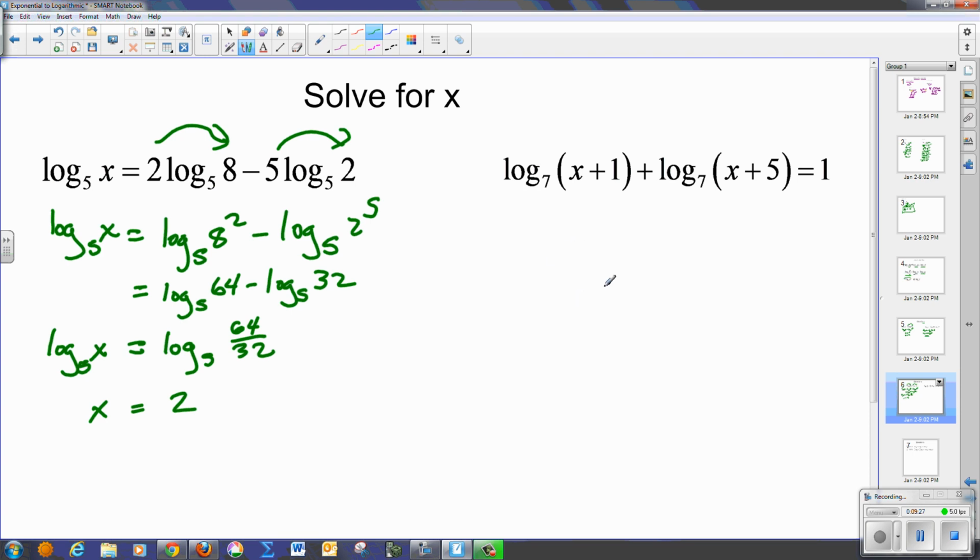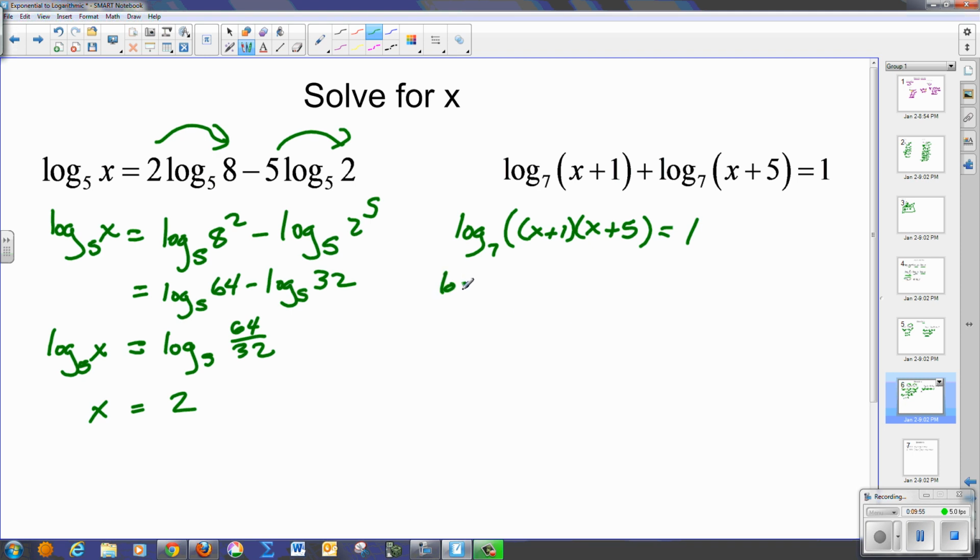And now we have a problem where we have the sum of two logarithms. Sums can be simplified into a product of those two terms. So this goes to x plus 1 times x plus 5 equals 1. And you'll notice this problem is a little bit different because there's not a logarithm on each side.